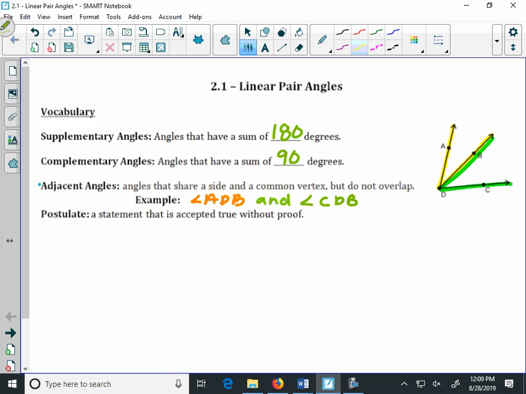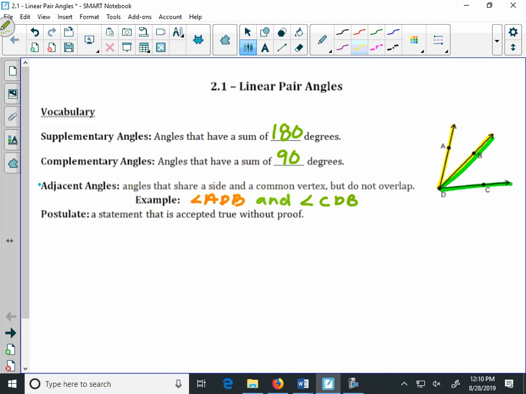And a postulate is a statement that is accepted as true without proof. Meaning it's kind of like a no-brainer. Like, we are in geometry class right now. Is there any argument against that? We really agree that we're in geometry class. That is a postulate. You don't really have to argue much, or at all.